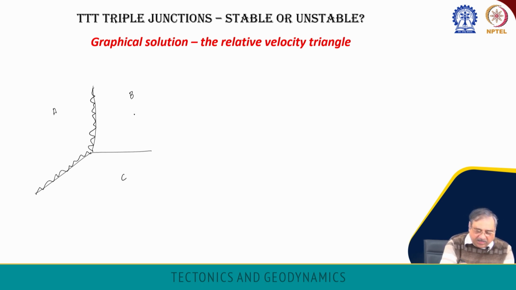And then you have plate B and plate C, in which case plate C is overriding plate B. So we have two systems here.